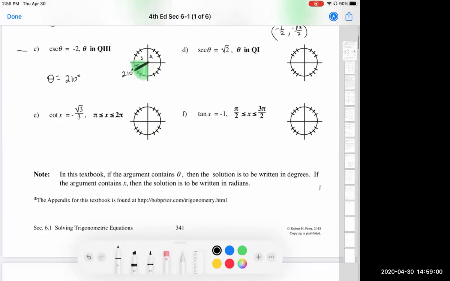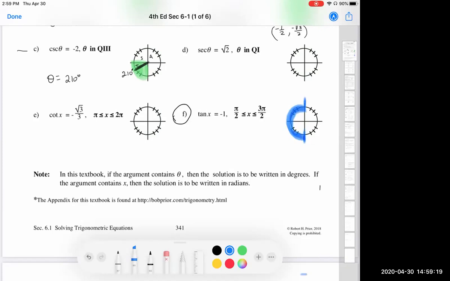All right, let's go ahead and skip to example F. We want to see where tangent is -1, working only with quadrants pi/2, which is up here, all the way to 3pi/2. So I only want to work with these quadrants.